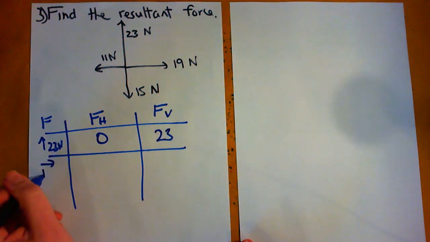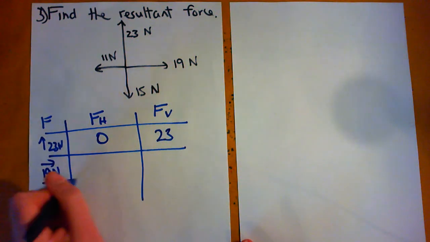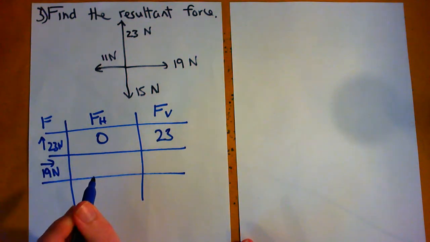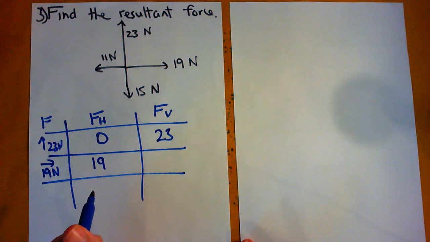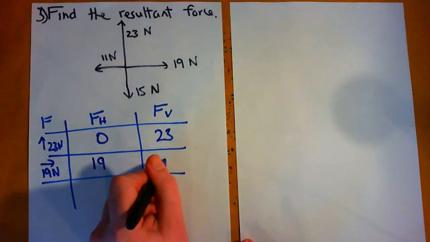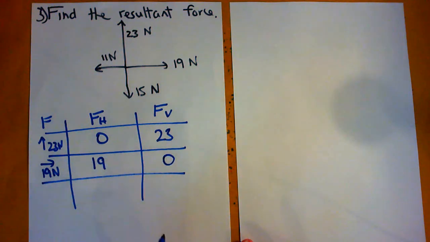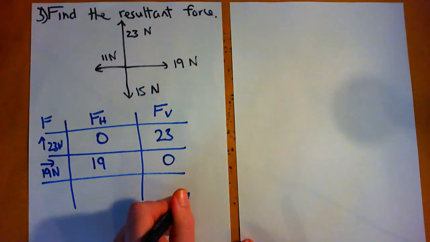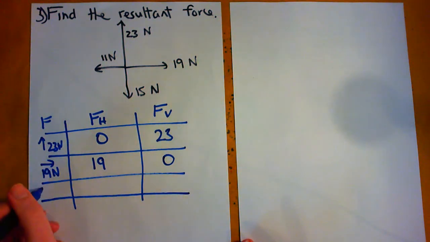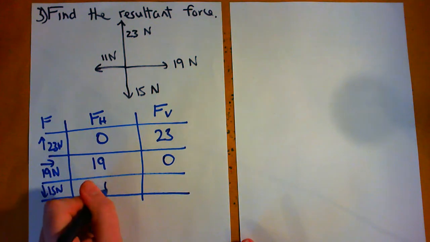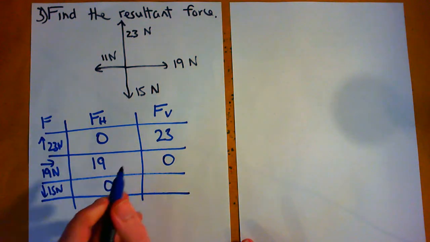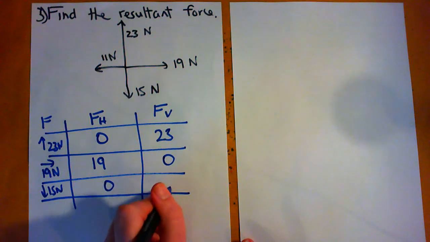Let's do the 19 Newton force pointing to the right now. Its horizontal component is 19, pointing rightwards, so that is positive, and the vertical component is 0 because it's perfectly horizontal. We now have the 15 Newton force. The horizontal component will be 0 because it's pointing vertically, and the vertical component will be 15.